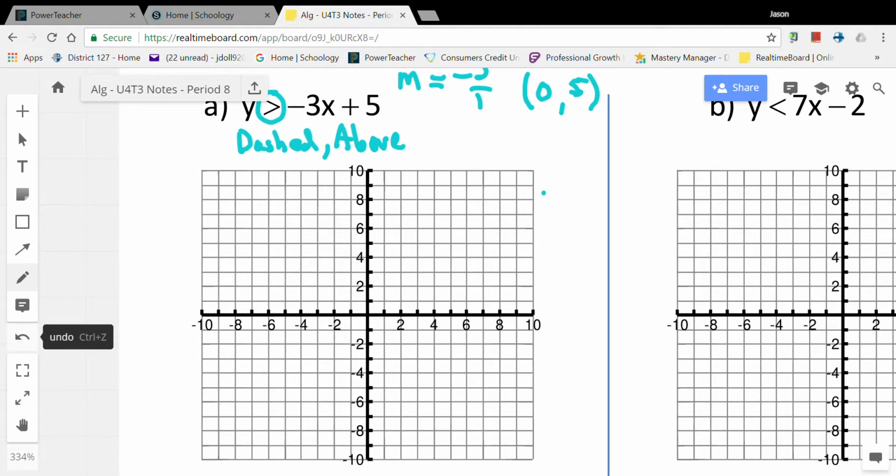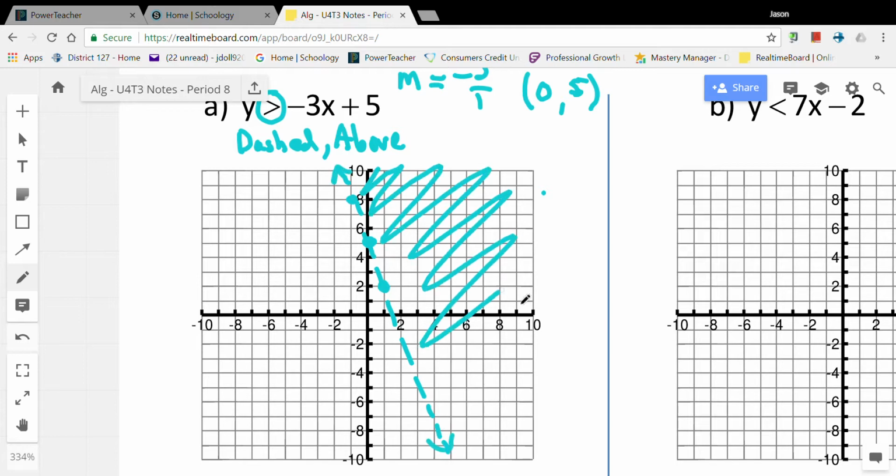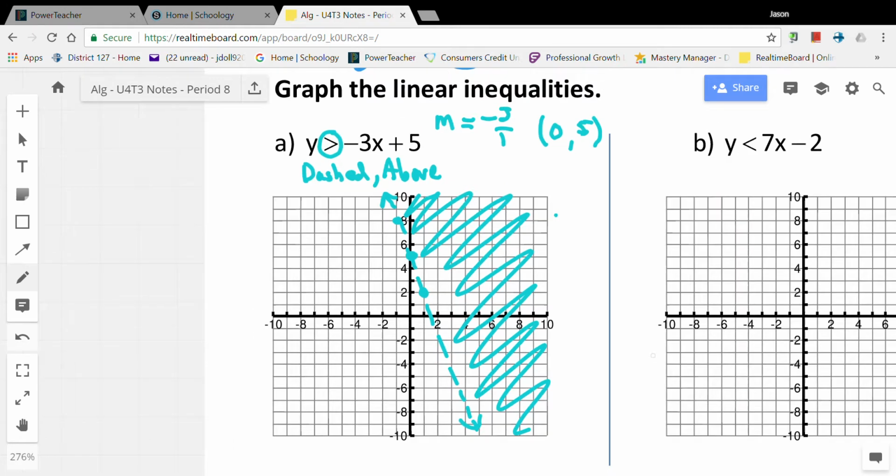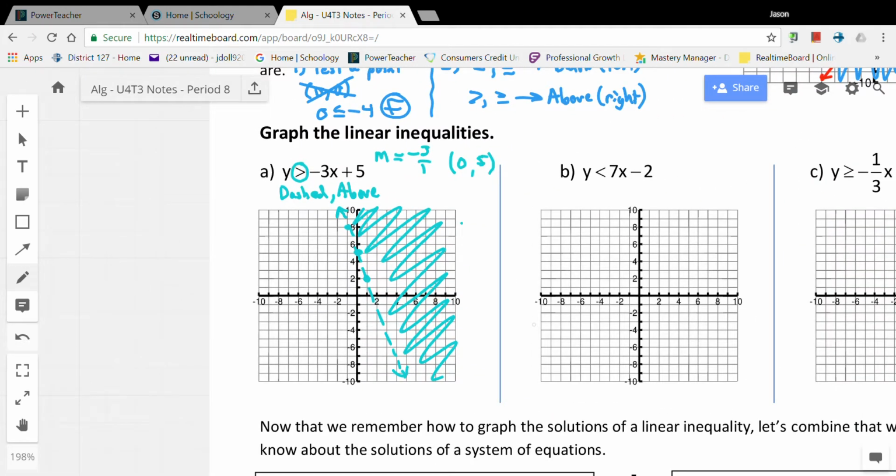So now I can go to 0, 5. I can go down 3 and right 1, up 3 and left 1. I can graph a dashed line, and I know my solutions are all of the ordered pairs above. Right? We've got to be able to do that to be able to solve our systems.